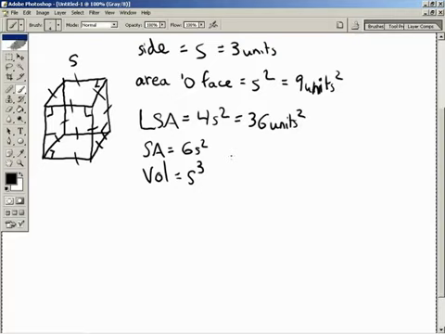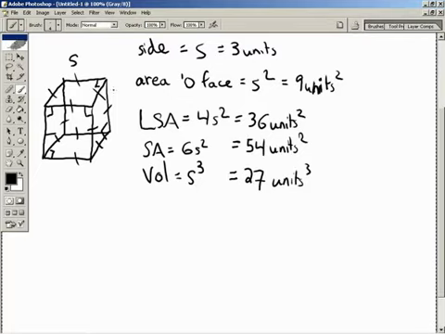The total surface area is 6 times 9, which is 54 units squared. And the volume is 3 cubed, which is 27 units cubed, in the case of a cube.